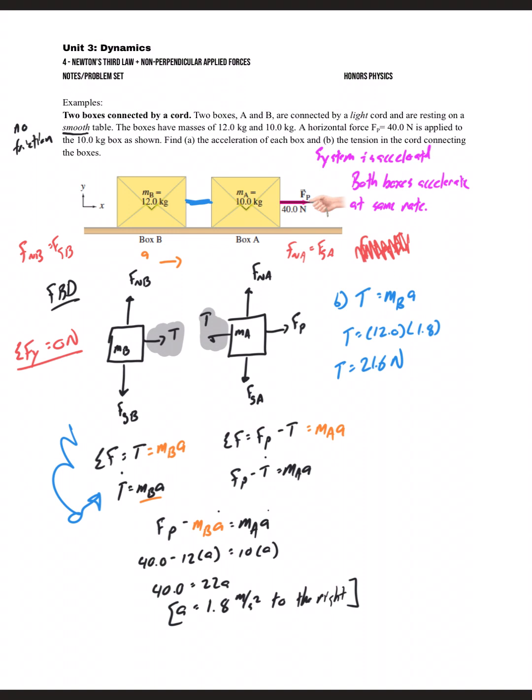So you really phrase it like this: the tension in the connecting cord is 21.6 newtons. You don't really make it have a direction or anything like that until you start plugging it into the rest of the mathy stuff that you have to do. All right, so that's the first kind of question you have: two boxes connected by a cord in the horizontal direction.